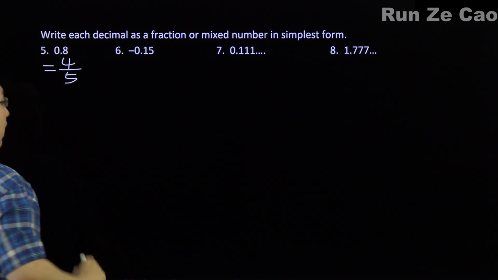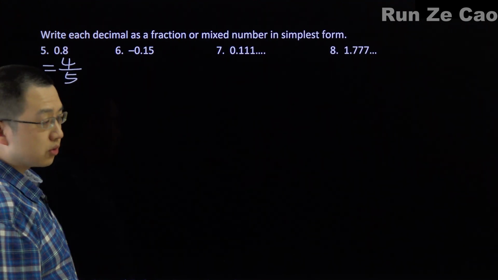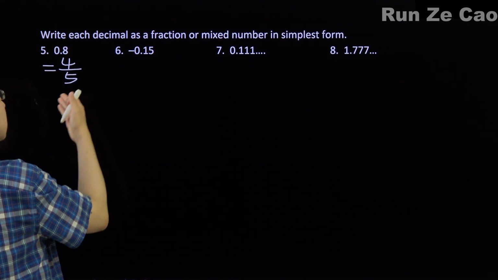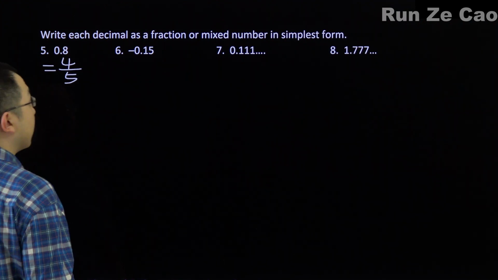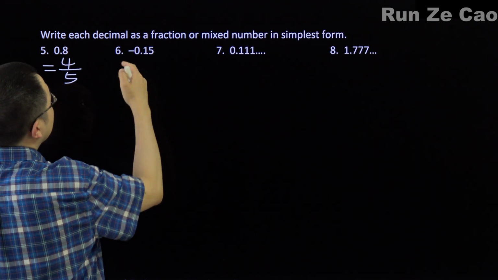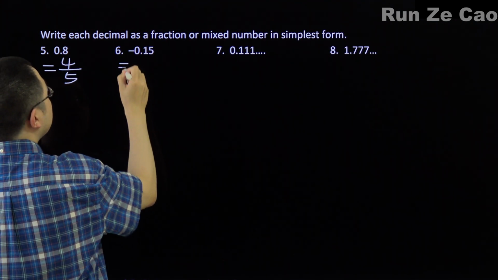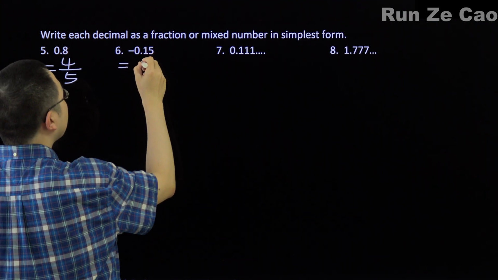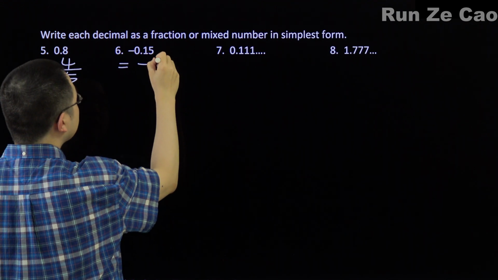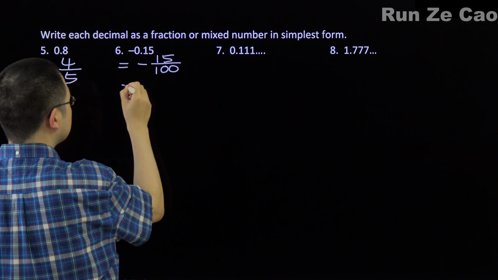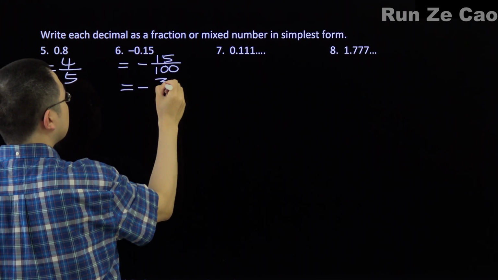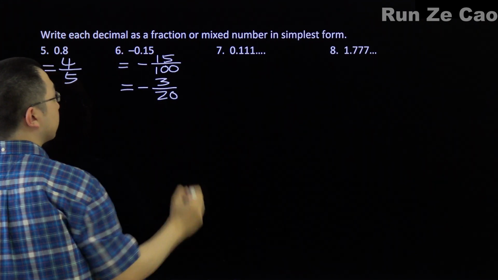If you've done enough fraction to decimal conversion problems, you will recognize the common fractions that have relatively small denominators. Negative 0.15, well, let's start with negative 15 over 100. Well, that's negative 3 over 20.